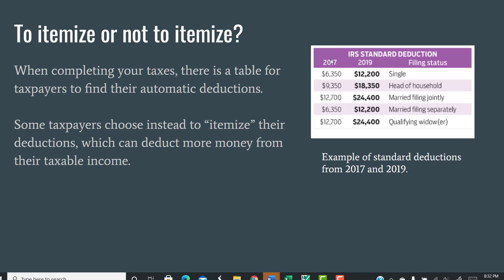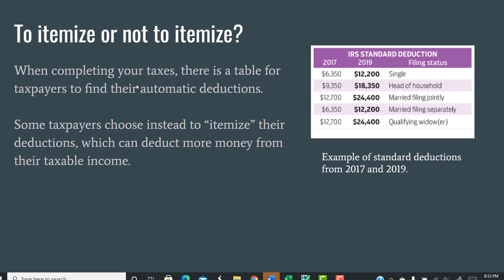So, okay, 2017, these were some standard deductions, and then in 2019, these were some standard deductions. So I just wanted to give you an idea of, really, it's a long table that you'll see when you do your taxes if you do them by hand, and you have to look up your deduction. And so this is an example. In your homework, you're going to see some similar tables, and this is what they're trying to mimic there.